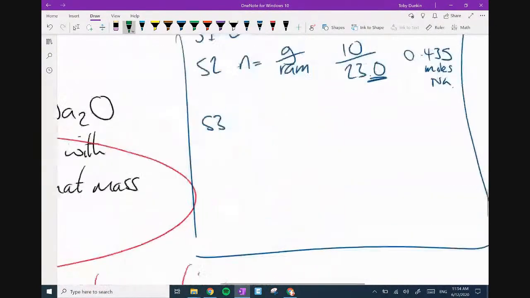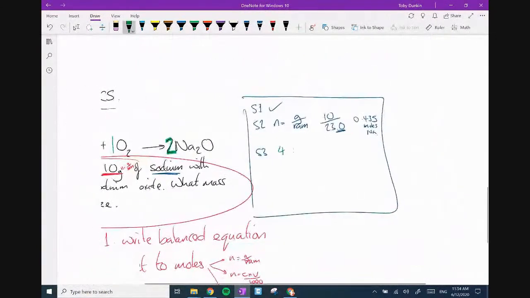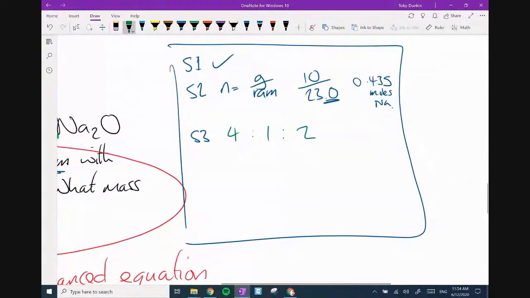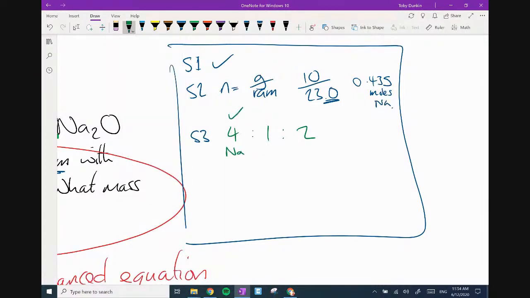This is worth a mark, folks. 4 to 1 to 2. There's my ratio. Now, I was given sodium, and that's what I've calculated, and I'm trying to get to sodium oxide, which is there. So my ratio is, in fact, 4 to 2.